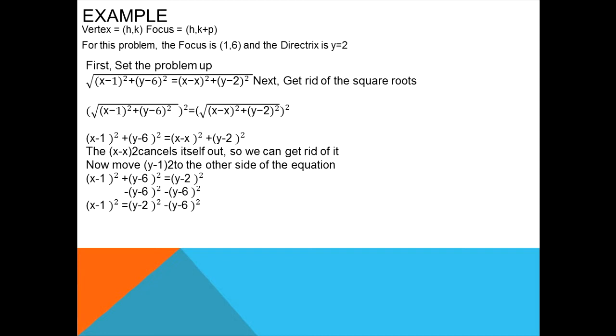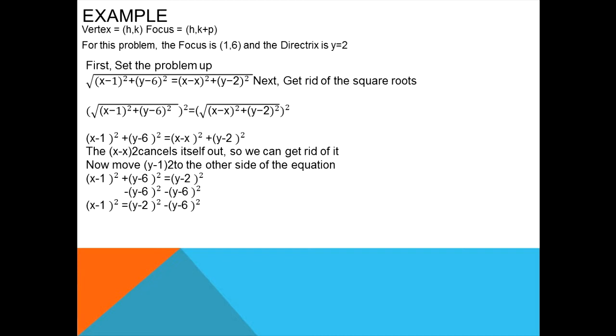So we would subtract (y minus 6) squared by doing (x minus 1) squared plus (y minus 6) squared equals (y minus 2) squared, which will result in (x minus 1) squared equals (y minus 2) squared minus (y minus 6) squared. A lot of squared in that equation.